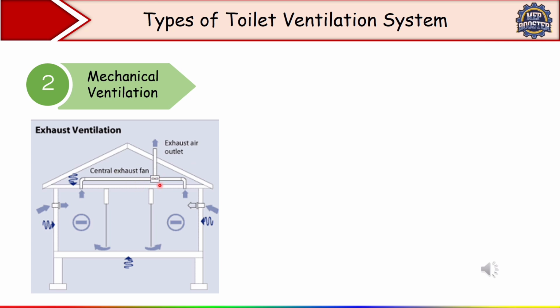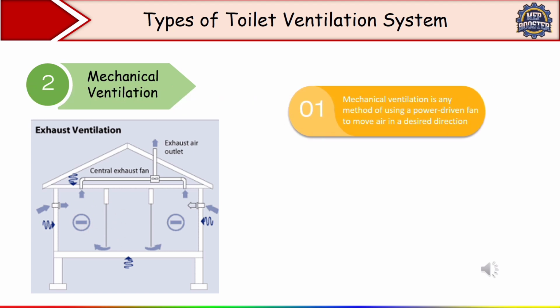With the help of this fan, you can easily extract the bad odor from the inside and throw it to the outside. Okay, and in this way you can improve your indoor air quality.